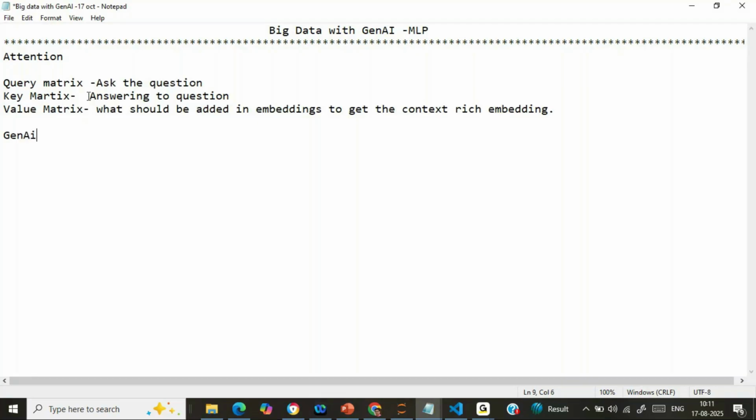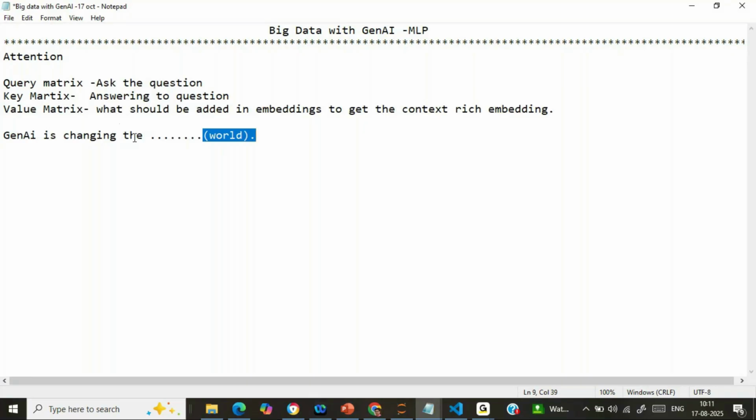So you can take an example, say "GenAI is changing the world." Over here, say "world" is not there. This is a blank space, and based upon this particular line, we are trying to predict "world."